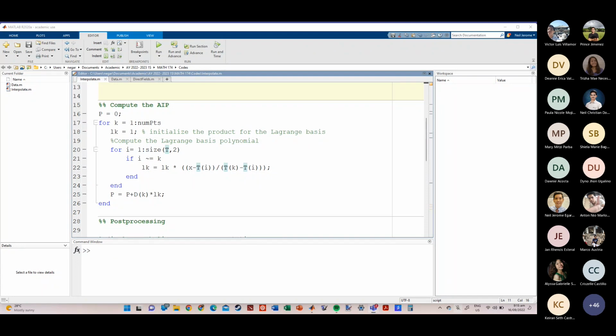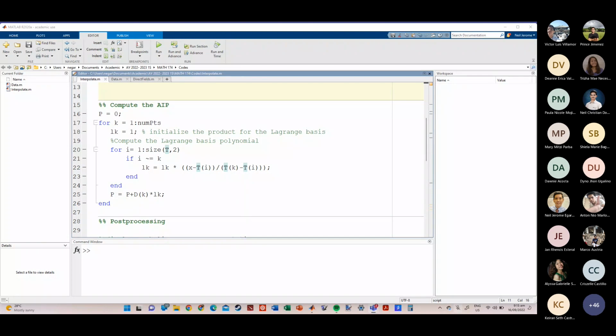Tapos, hindi lamang summation yung meron. Kasi dito, kailangan ko sa bawat term doon sa summation, yung Lagrange basis polynomial L sub k. Pero remember, ang itsura ni L sub k, ito ay product ng x minus xj over xk minus xj, provided that j is not equal to k.